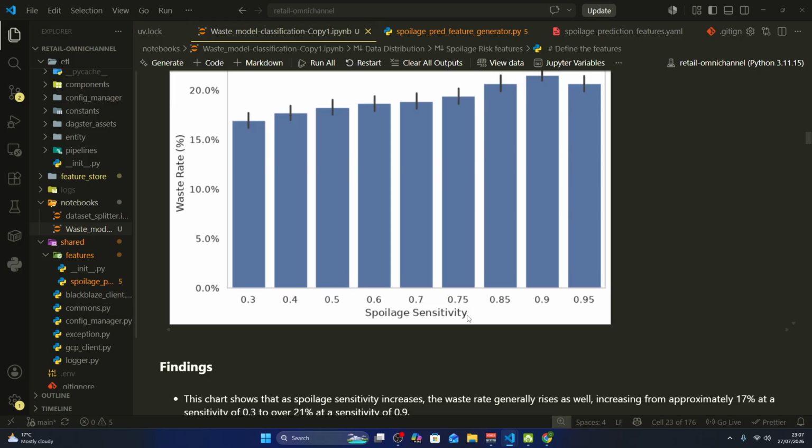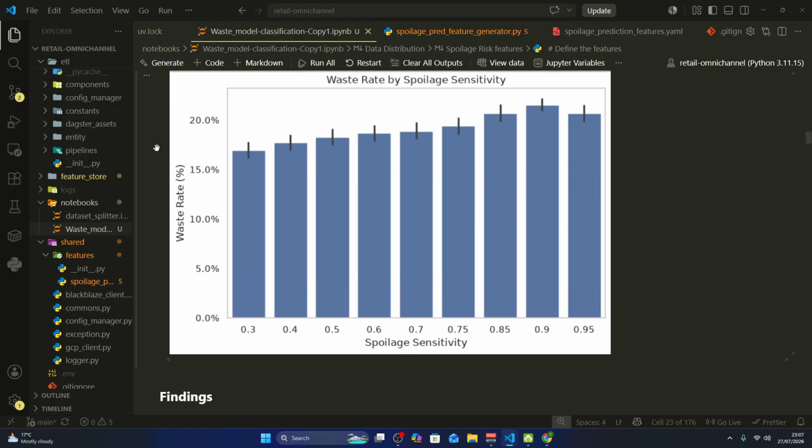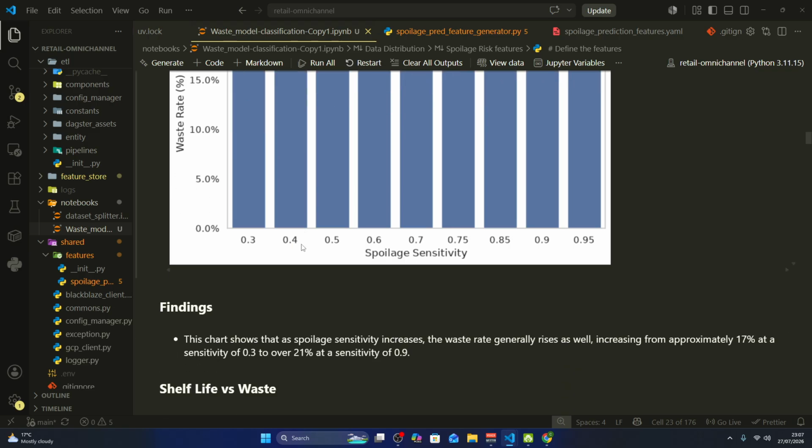So this can be a good feature for waste rate. You're looking at a product and determining its sensitivity to spoilage, comparing that to the waste rate, and you can see there's some sort of direct correlation.